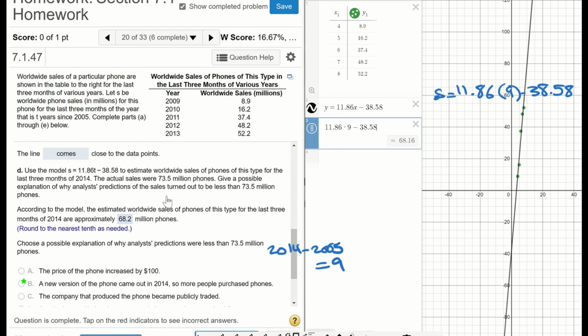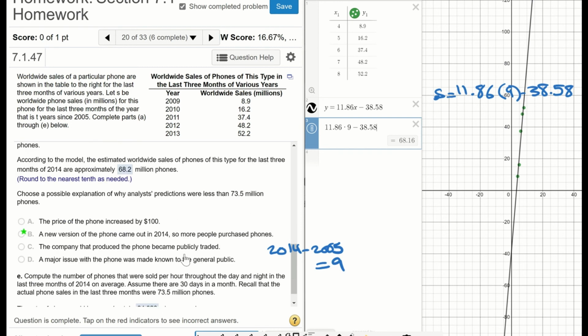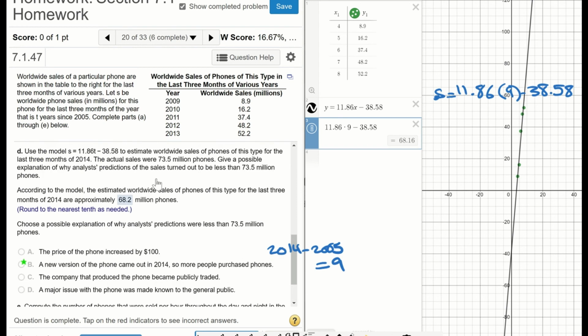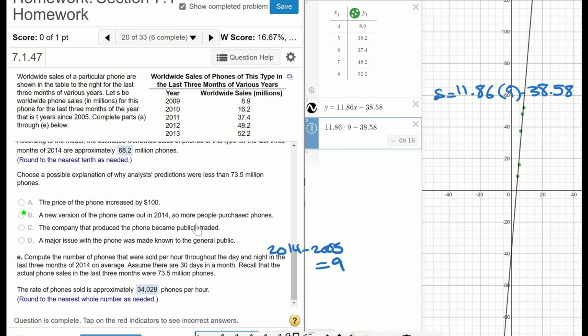That's more than 5 million phones difference. So what could have happened? Well, of course, with iPhone every year, new model, Android, so probably a new model came out, and more people ended up purchasing than the model predicted. The model predicted that many, but since that new phone came out, they purchased a lot more.